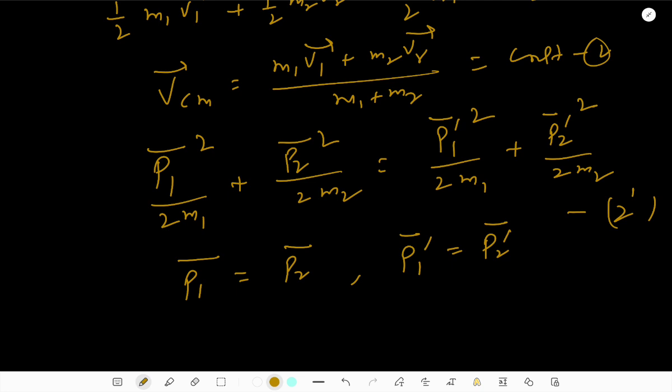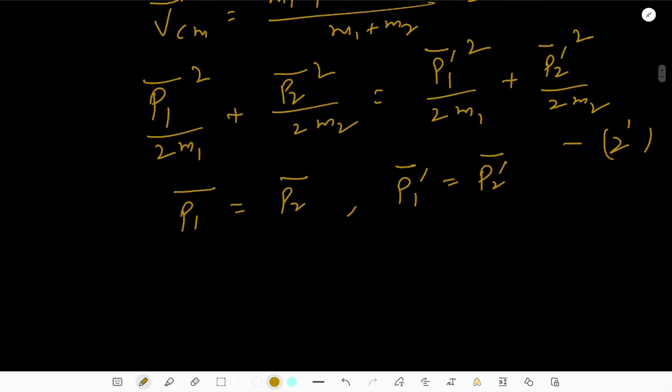So you would like to write the relative velocity before collision, the relative velocity of the balls in terms of momentum, as p1 bar vector divided by m1 plus p2 bar vector divided by m2.